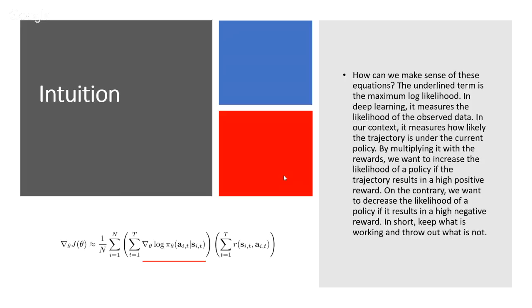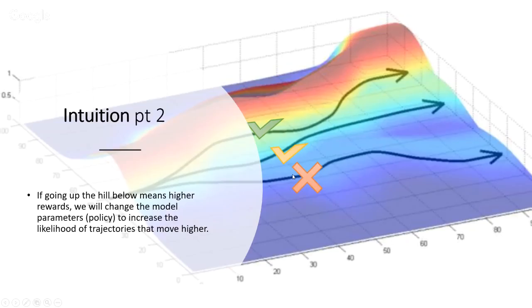On the contrary, we want to decrease the likelihood of the policy if it results in a high negative reward. In short, keep what is working and throw out what is not. If going up a hill means high reward, we will change the model parameters to increase the likelihood of trajectories that move higher.